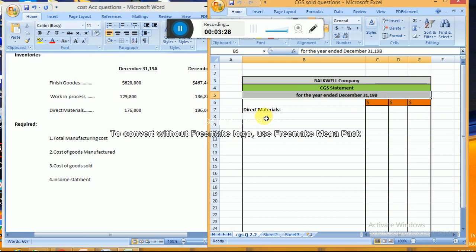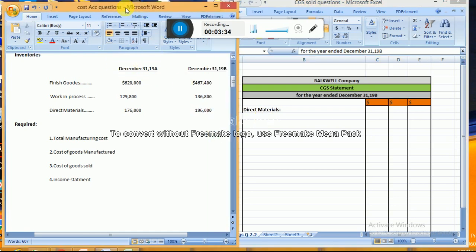As I discussed in my previous lecture, our cost of goods sold statement consists of five main parts: material cost, direct labor portion, factory overhead portion, work in process, and then finished goods.